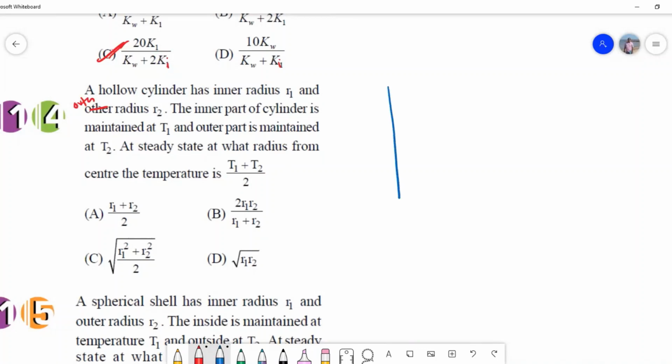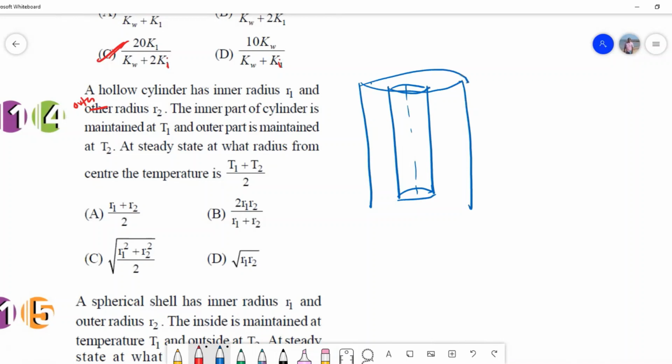So if you draw the diagram, this is the inner cylinder, this is the center, and there is one more outer cylinder. It is given that the radius of this one is R1, and the radius of this is R2.